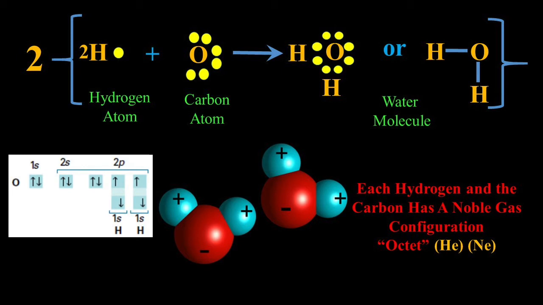So you get two covalent bonds in the water molecule by the sharing. The hydrogen gives up 1 to share, the oxygen gives up 1 to share. You give 1 to share, you get 1. So hydrogen has the helium valence structure, and oxygen has the neon valence structure.